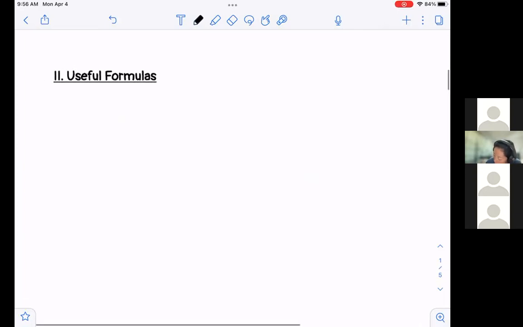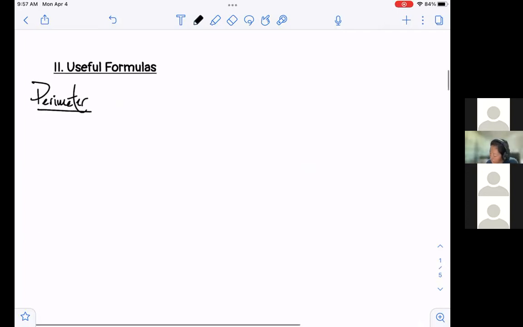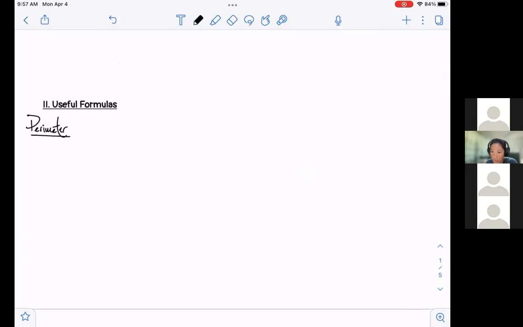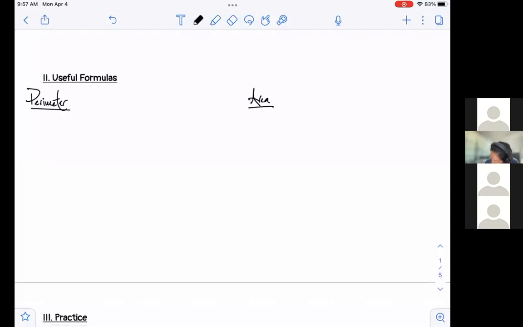let's talk about something called perimeter, right? We're talking about perimeter. We're going to talk about area, and we're going to talk about volume.